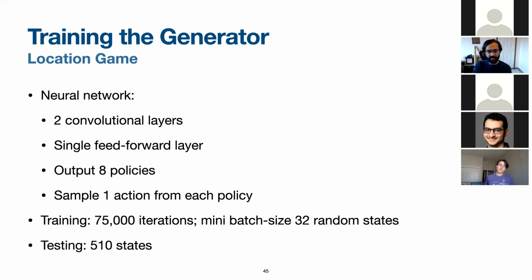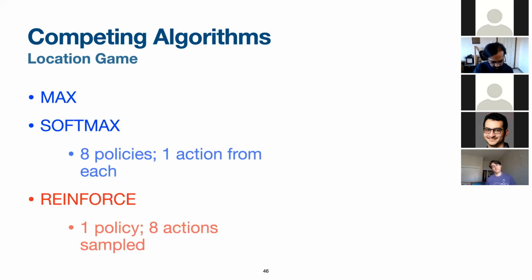For our experiments, we train a neural network to output policies. The neural network constitutes of 2 convolutional layers and a single feed-forward layer that outputs a set of 8 policies. From each policy, we sample 1 action. We train over 75,000 iterations of a batch size of 32 random states each iteration, and we test on 510 testing states.